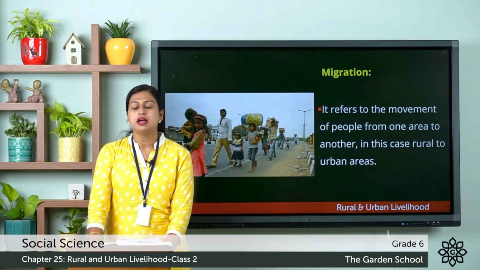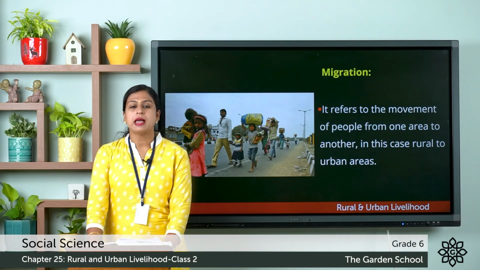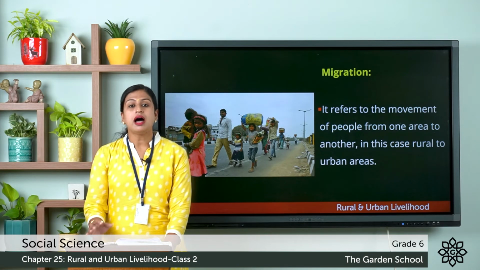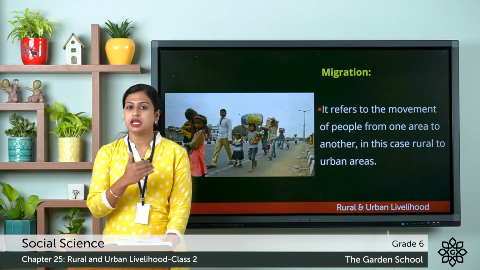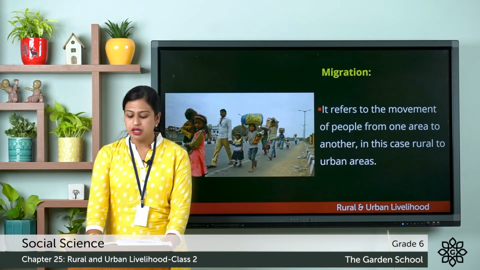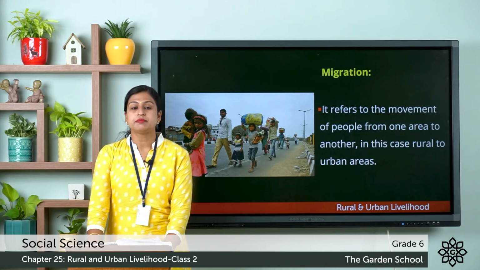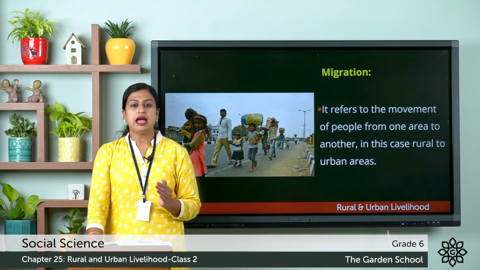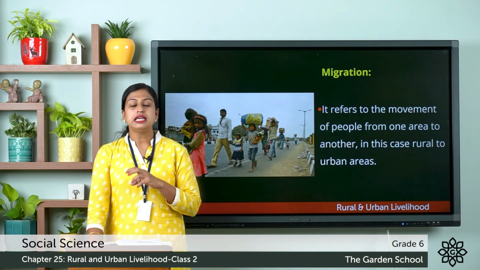As you all know, urbanization is the process by which towns and cities are formed, and also a higher percentage of the population comes to the city to live. However, migration creates problems like overcrowding, inadequate housing and poor sanitation. Therefore, we can say that the rural area and the urban area are interdependent.